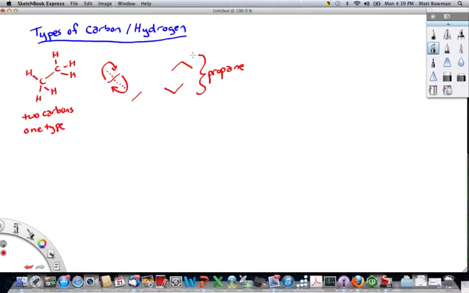Let's take a look at propane now. Propane has 3 carbons. But if we look, carbons A, B, and C, carbon A and C are related by this plane of symmetry or also by this rotational axis again.